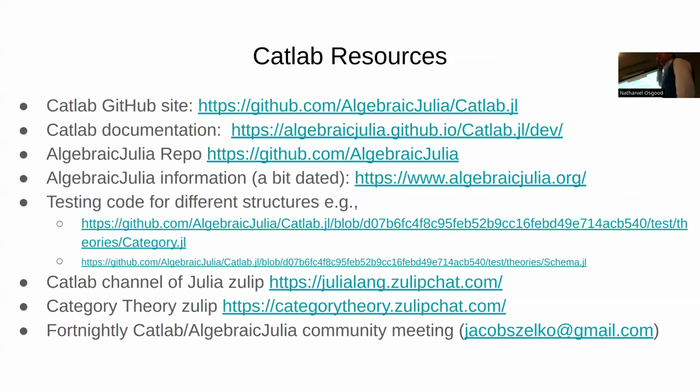I have in here a set of resources, and I'm just going to gesture at them, with the exception of saying that there are really active communities associated with these areas of Catlab within Julia and the category theory community as it relates to Catlab. There are two Zulips. I don't know if anyone here is familiar with the use of Zulips for online discussions.